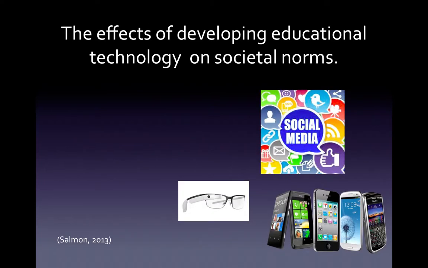The effects of developing educational technology on societal norms. What was once considered private activities or private moments are no longer private, but societally accepted as public. For example, what was considered a private moment between you and your kids, or you and your spouse, or you and your sibling, people very readily share with the public on social media sites and with, quote unquote, their friends.